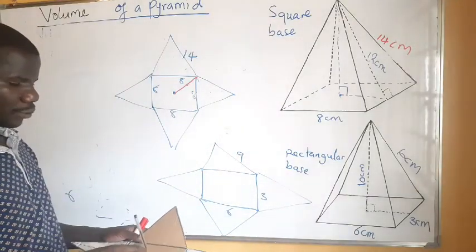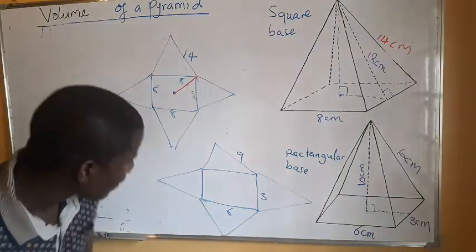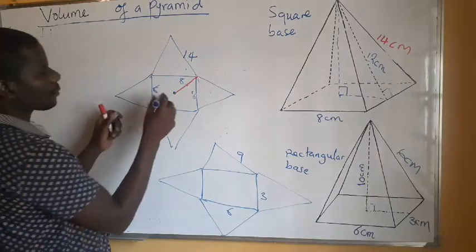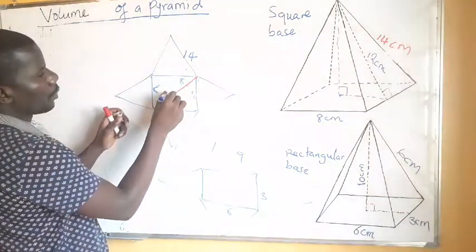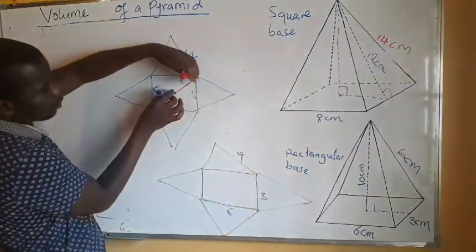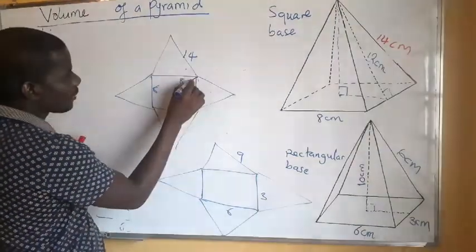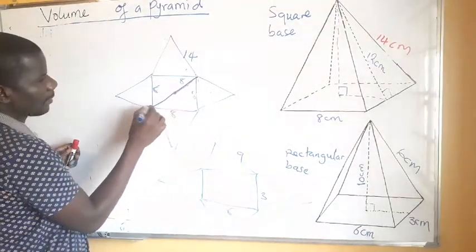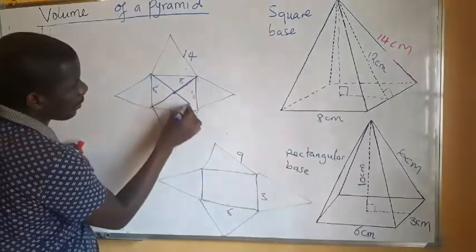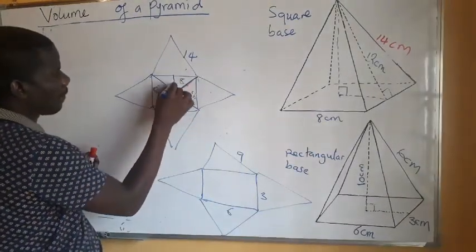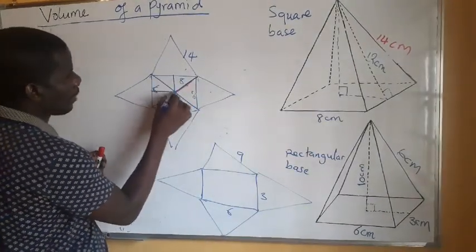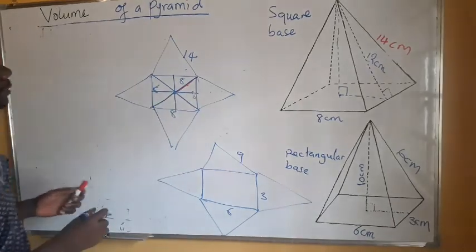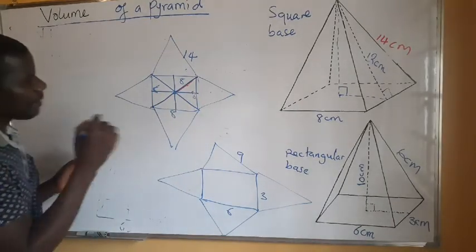That's what I'm trying to explain. So there are two ways that you can find it. Let me start with this same one. Since we are looking at this height, let me try to extend this one. Now, remember, what do we need?